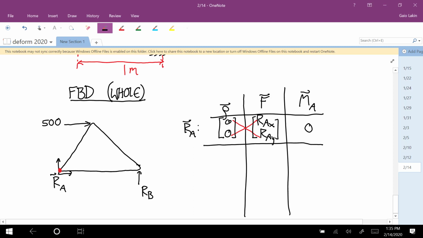And then the 500 Newton force, the row vector. So we're looking for the vector that goes from the about point to where that force is applied. Question? Okay, that's going to be positive 0.5, positive 0.866, because that angle is 60 degrees. The force vector is 500, 0. And so the cross product is negative 433.